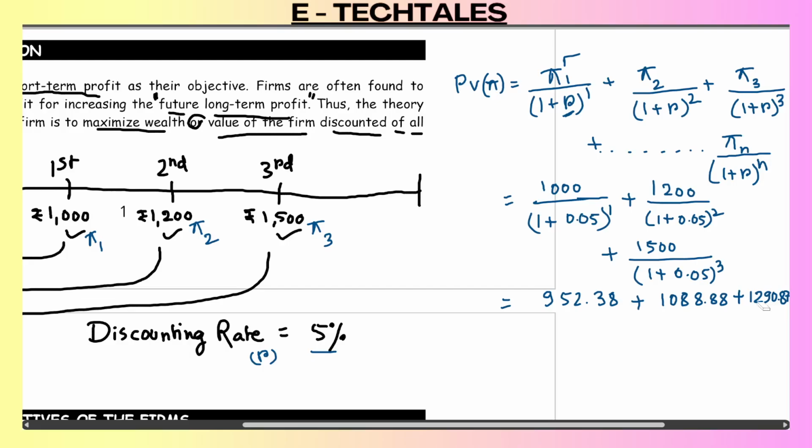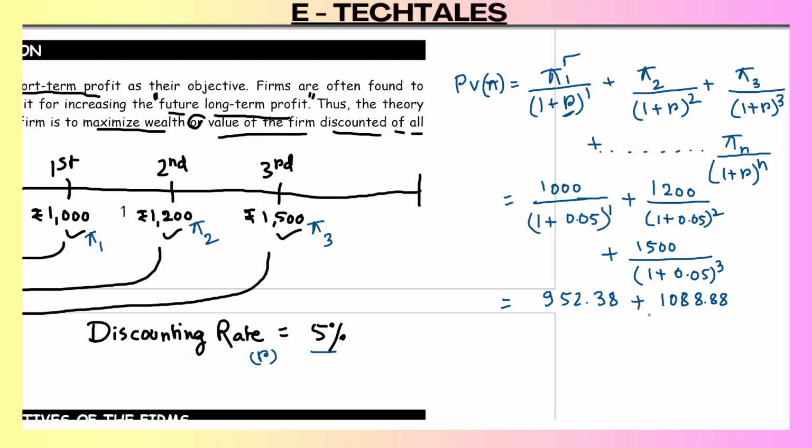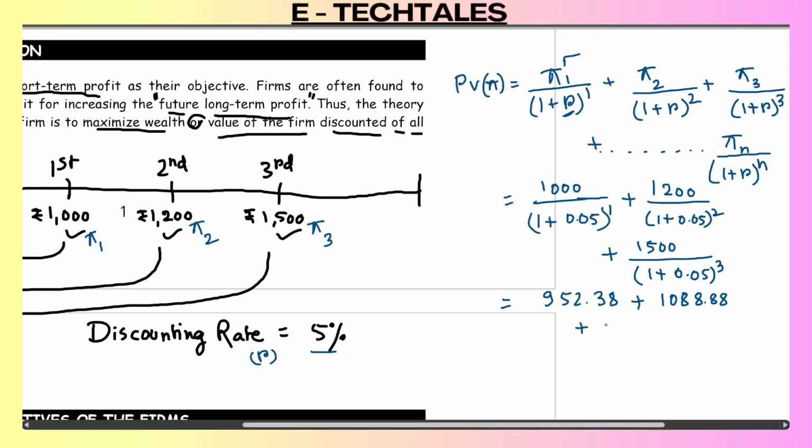Okay, I'll write it down. Plus 1290.87. So from here we get approximately 3332.13. Okay. So this is the PV, that is the present value.